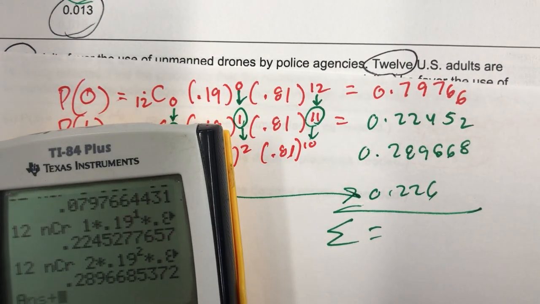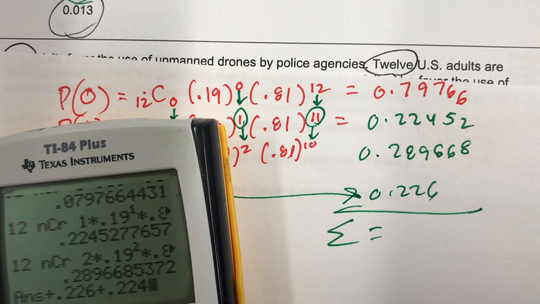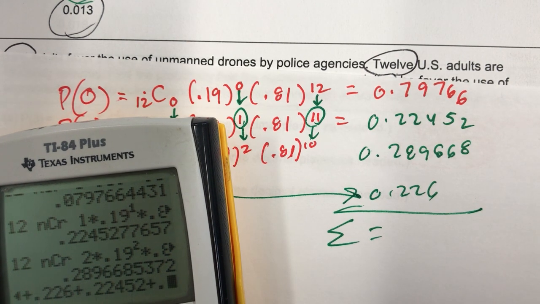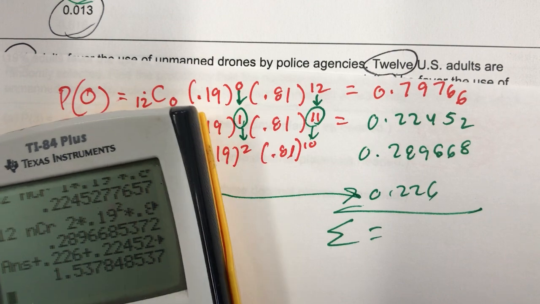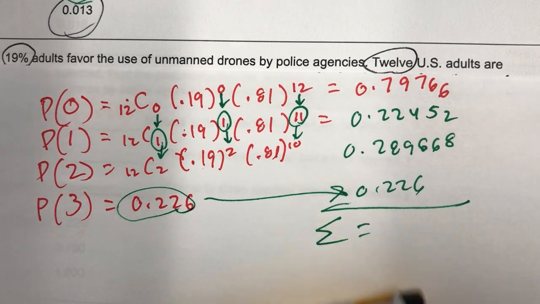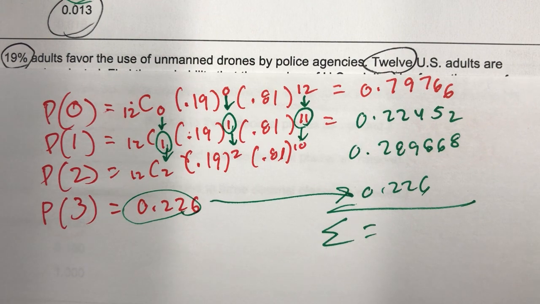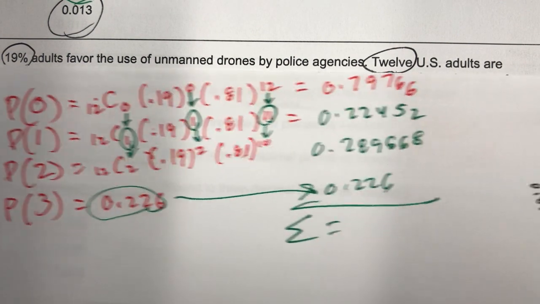All right, so okay, we got something wrong. Because the reason I know something's wrong, I add it up, I get more than one. All right, let's look at this first one here.